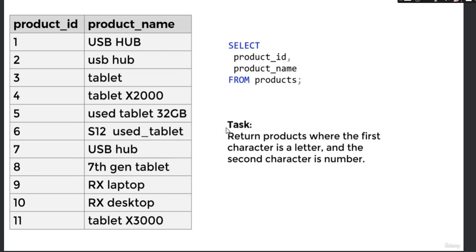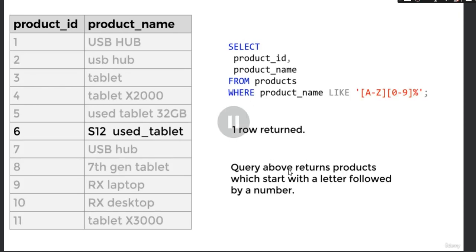We can achieve this by writing the following query. The first character should be any letter, and the second should be any number.